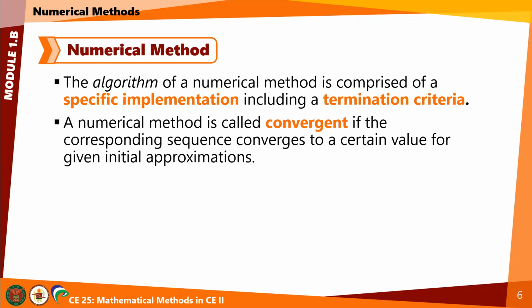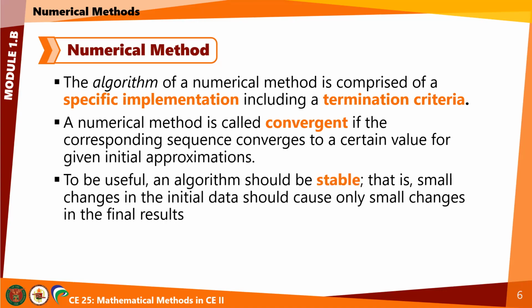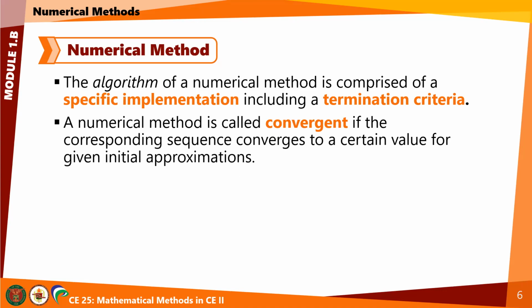A numerical method is called convergent if the corresponding sequence converges to a certain value for a given initial approximation. Like what I showed you earlier, yung sa calculator example ko, right? Sige, pakita ko ulit.